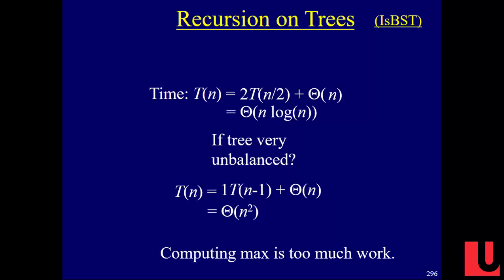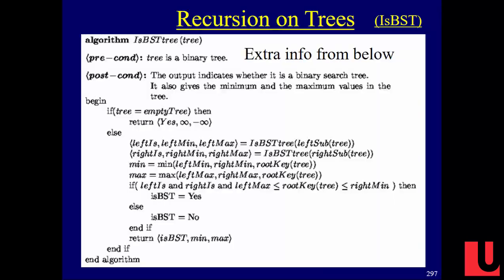So computing the max is too much work. I came up with two ways of solving the problem. The one way is you change the output to tell you not only is it a binary search tree, but it'll tell us also what the min and the max are. We ask more information from our friends. So if it's the empty tree, yes, it's a binary search tree.